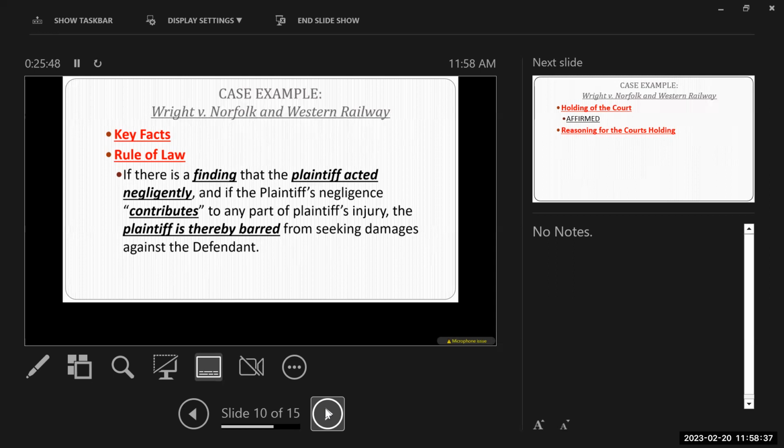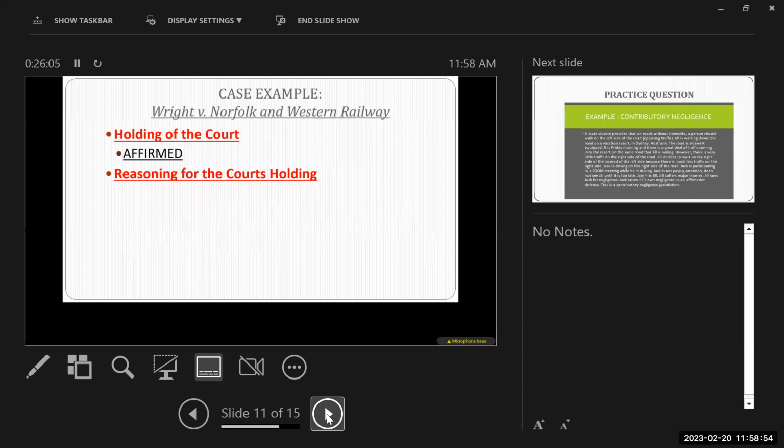Plaintiff contributed to the actual cause and the proximate cause of his injuries. And because the plaintiff contributed, the plaintiff now is prevented from seeking recovery, right?